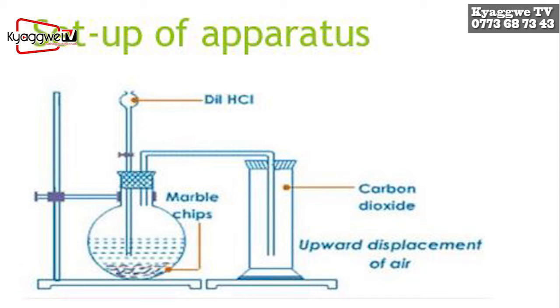Then we run the acid onto the marble chips. The gas is collected and picked up by the delivery tube and directed into a gas jar, collected by upward displacement of air or downward delivery. Why? Because carbon dioxide is denser than air.